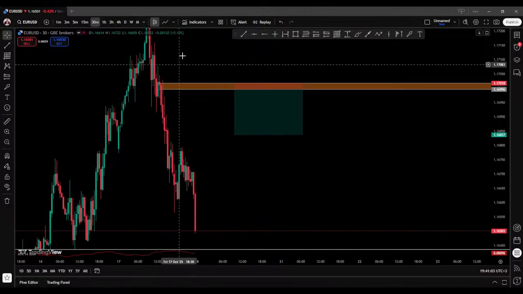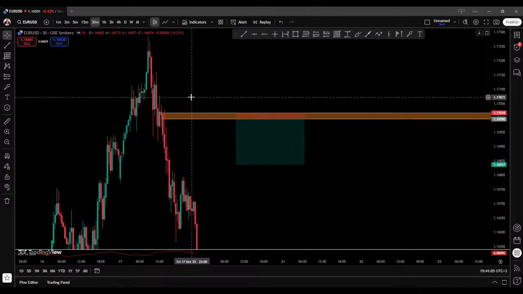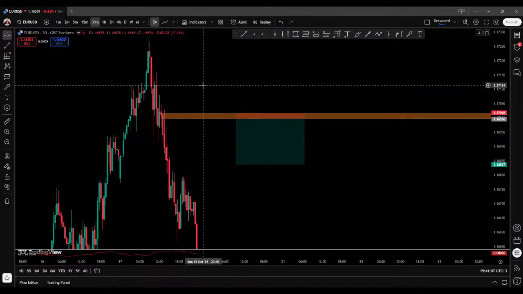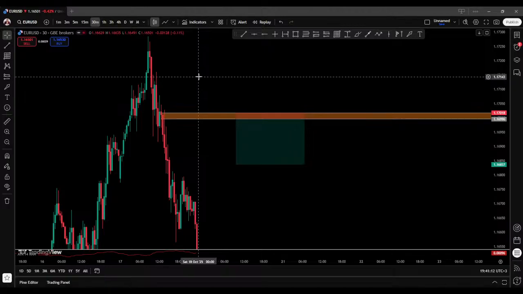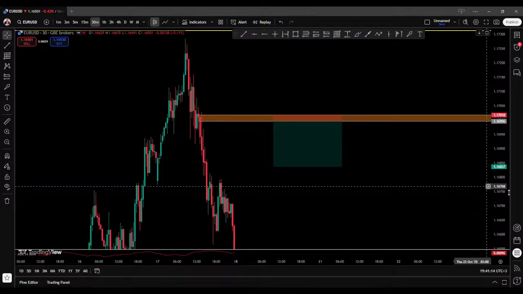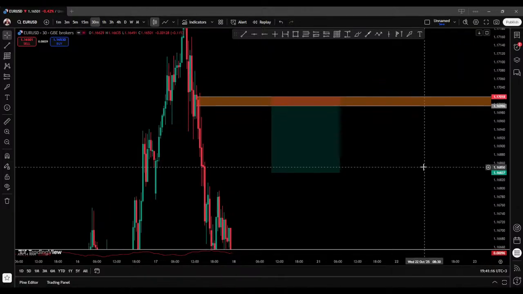Why? Because we expect that this market will still come up and take the 50% of the week. Yes, the refinement means you will miss some trades, but then when you lose a trade, you don't lose a lot of money.